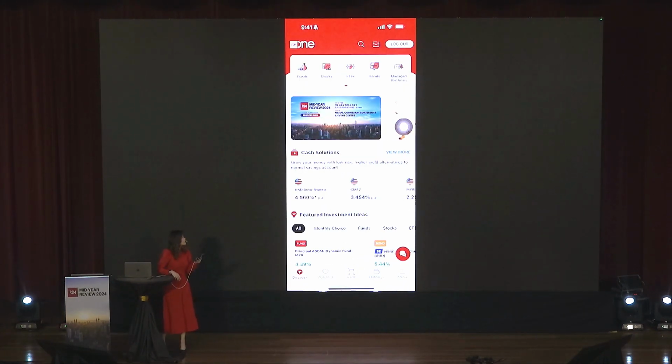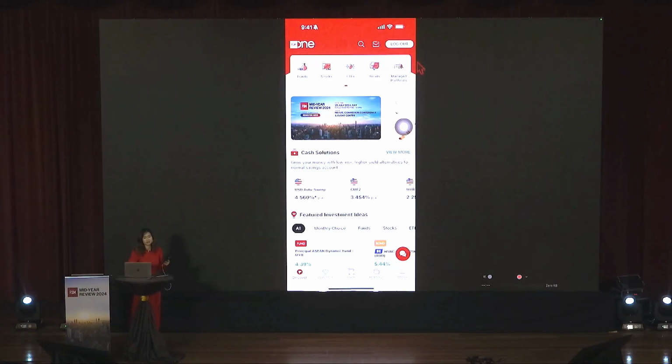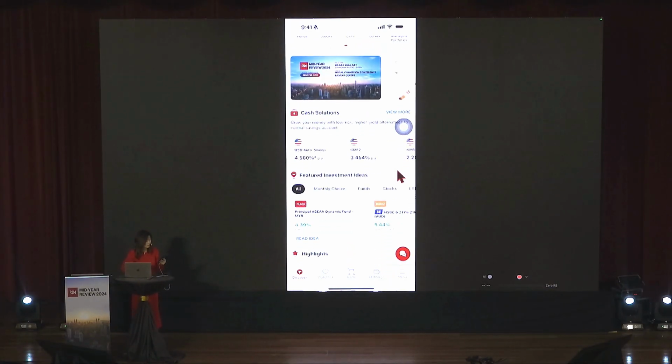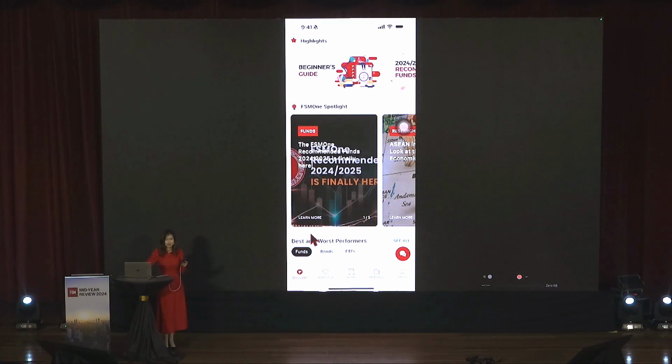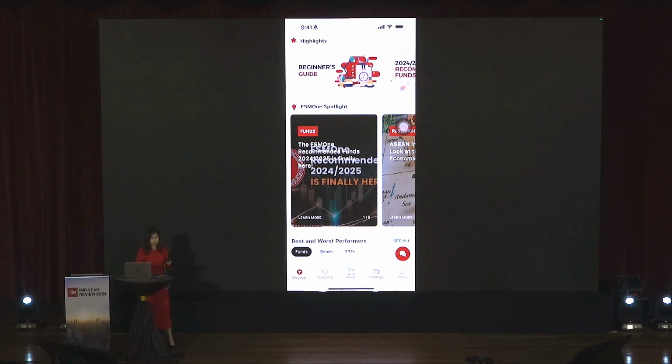From the very first interface itself, you will see that we provide a lot of investment ideas, such as the featured investment ideas, whereby you can know the latest ideas proposed by our in-house researchers. We also have the spotlight section, whereby you can know the latest article updates from our in-house research.